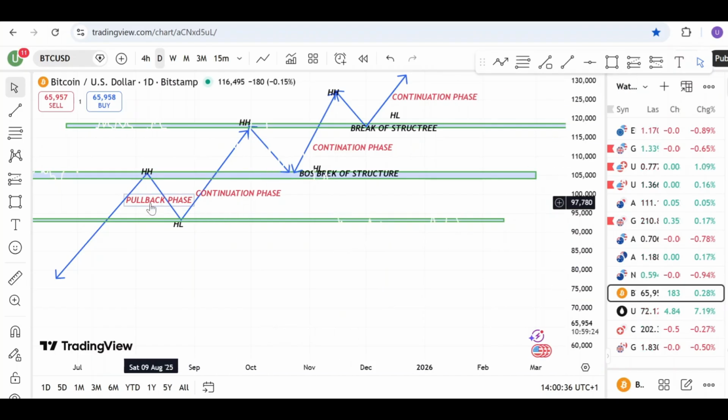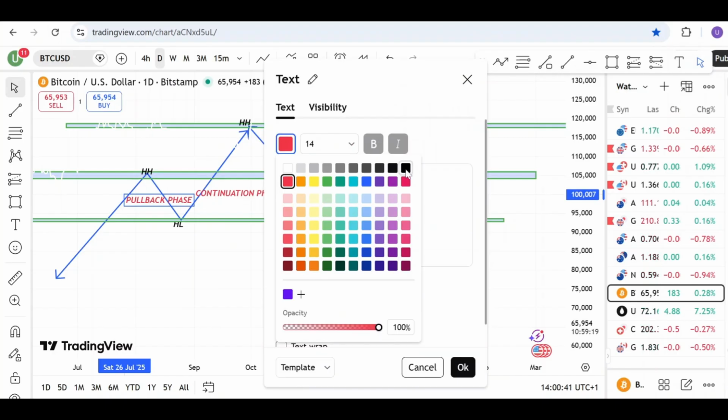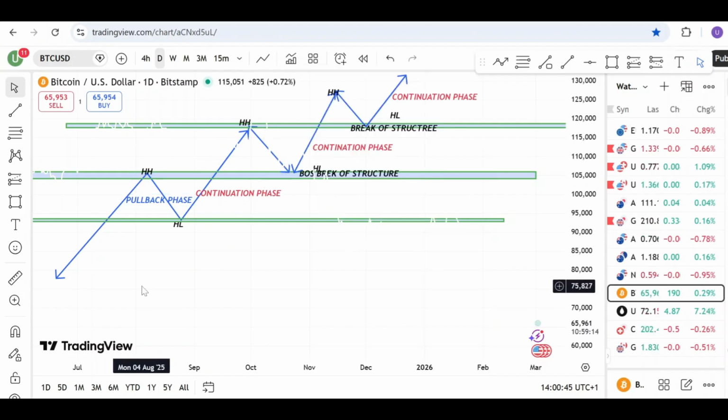Okay, let me try to change color so that it can be a little bit different. How can I change color? Let me use this color. Okay, cool. This is the pullback phase.